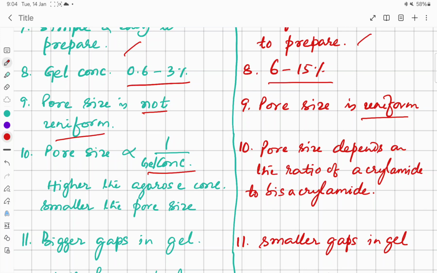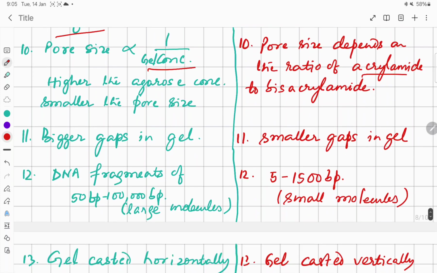So the pore size depends on the total concentration of the acrylamide monomers and the number of cross links, because polyacrylamide is a cross link of acrylamide monomers with methylene bis-acrylamide. So there are bigger gaps in the agarose gel, whereas there are smaller gaps in the polyacrylamide gel.